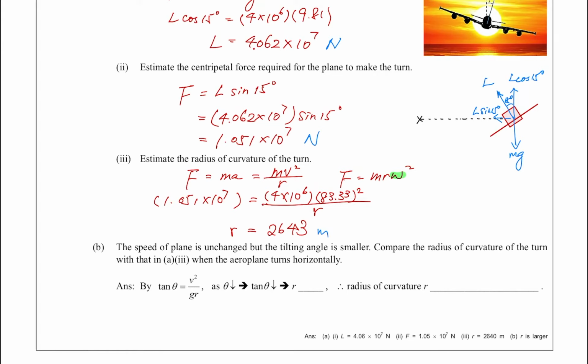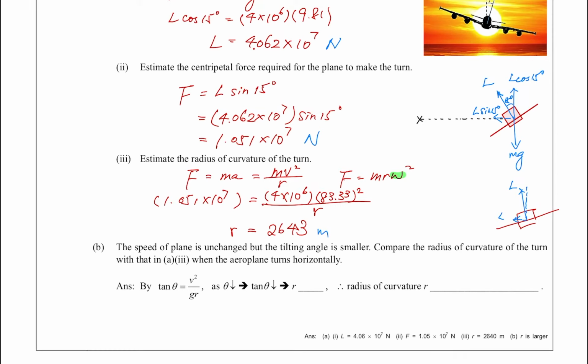Part B, it said that the speed of the plane is unchanged but the tilting angle is smaller. When the tilting angle is smaller, what would be the radius of curvature? Let me draw it. If the plane is turning with a smaller tilting angle, the lifting force is closer to the vertical.